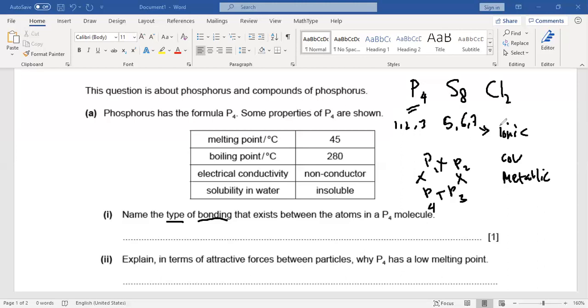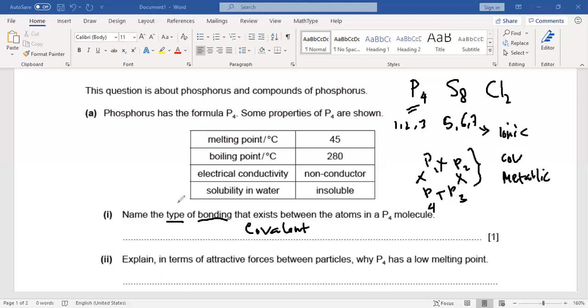This process is transferring electrons, so that's why it is ionic bonding. But because phosphorus is located in group 5 and we have bonding like this, it means that the network of phosphorus will tend to give you covalent bonding.